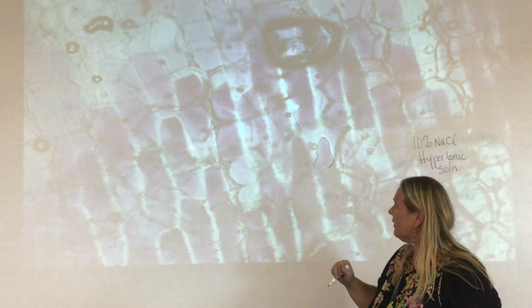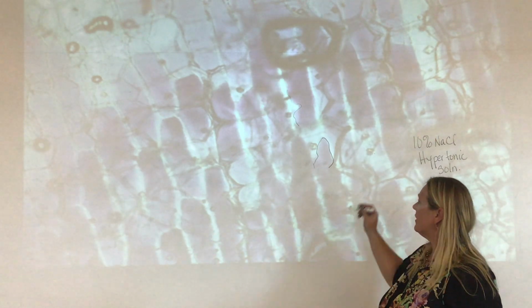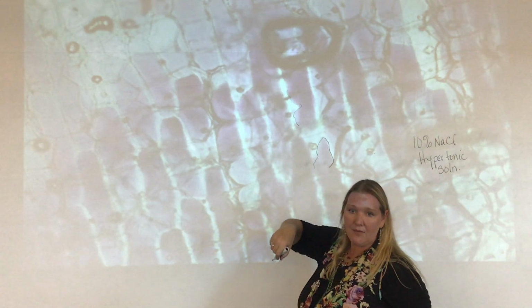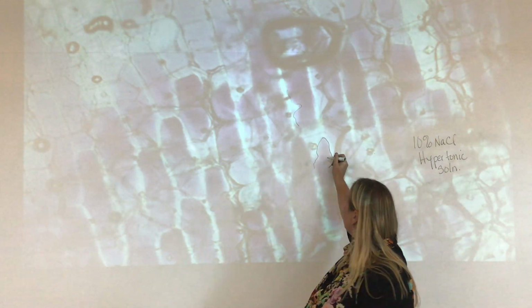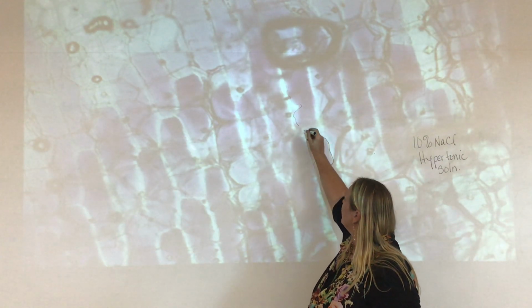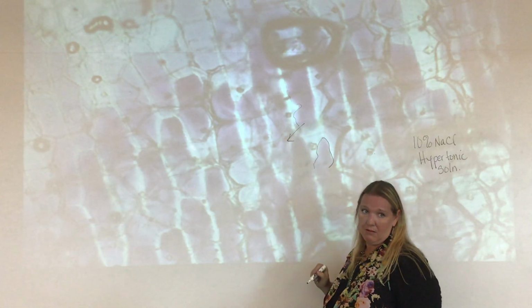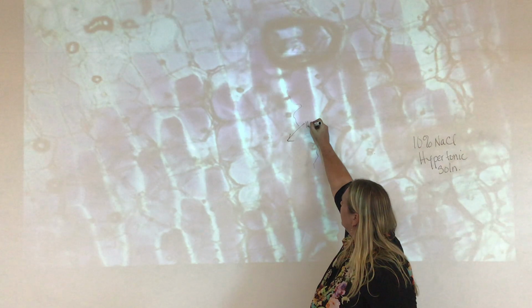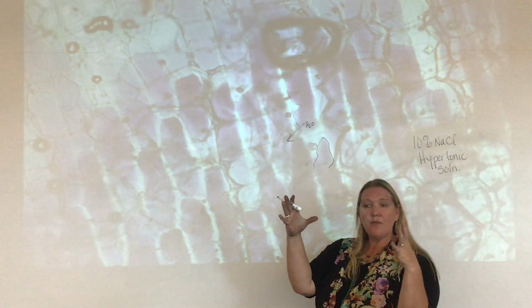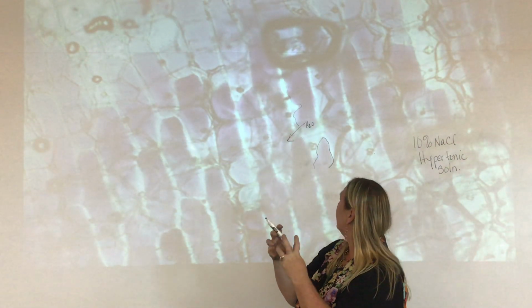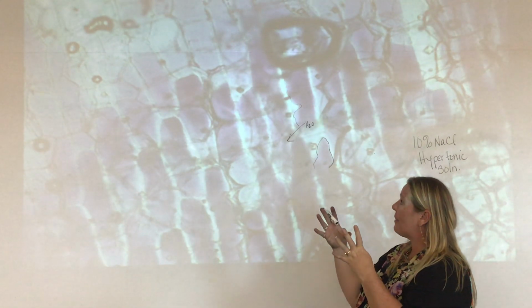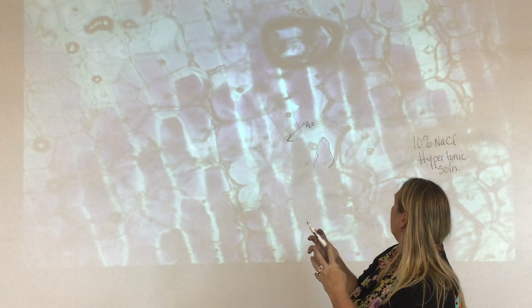But what's happening here is this 10% salt is more concentrated outside of that cell. And so it is going to take water and move it out of the cell. Water is going to move out. And so that central vacuole is going to shrink, okay? And we're going to be able to see that in the pigment as it shrinks.